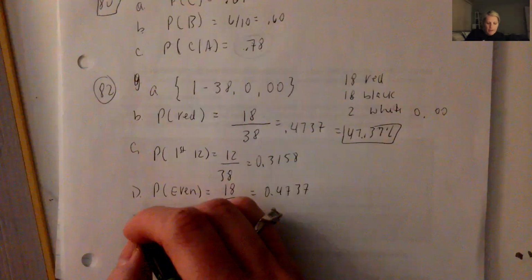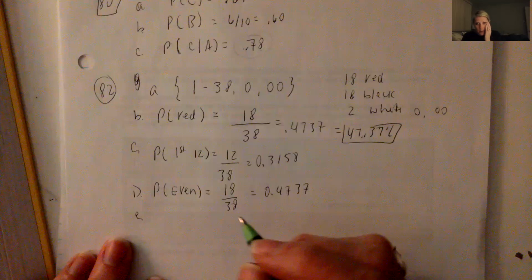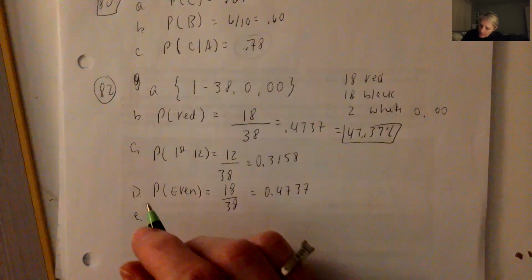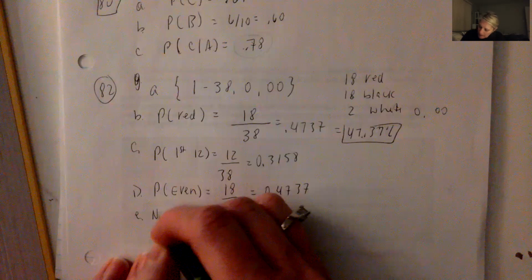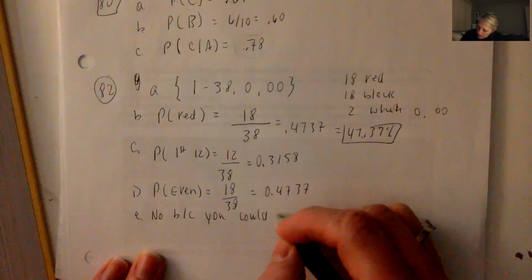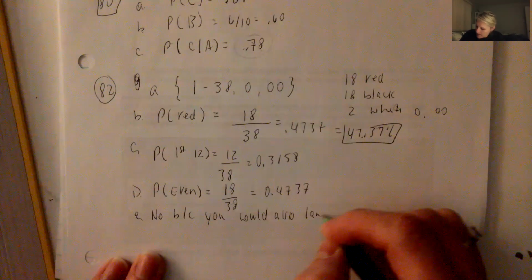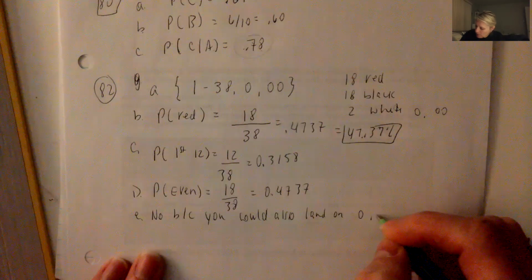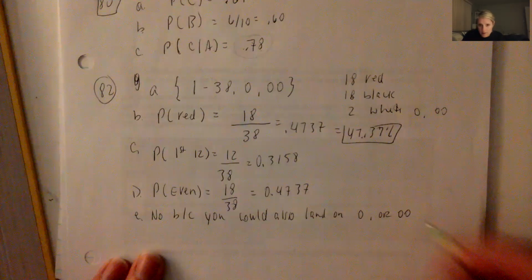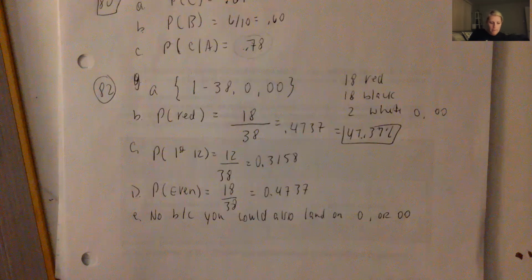E says, is getting an odd number the complement of getting an even number? So the complement would be just the opposite, right? 1 minus that, but that's a no, because you could also land on 0 or double 0. So it's not a complement. A complement would be everything other than the even.